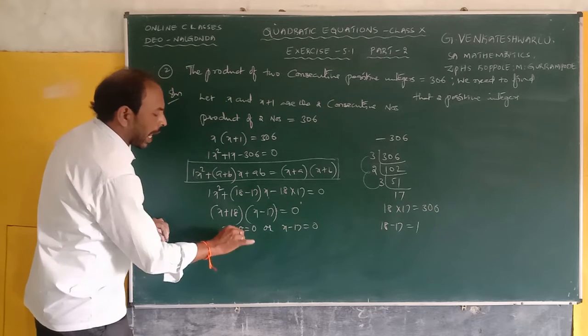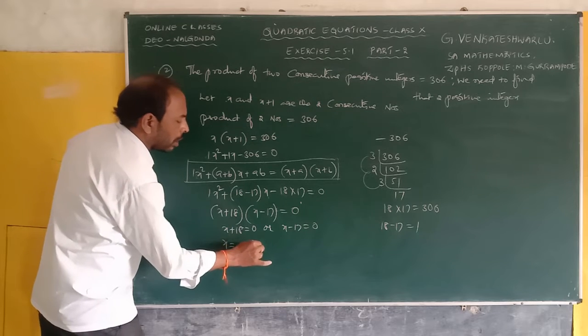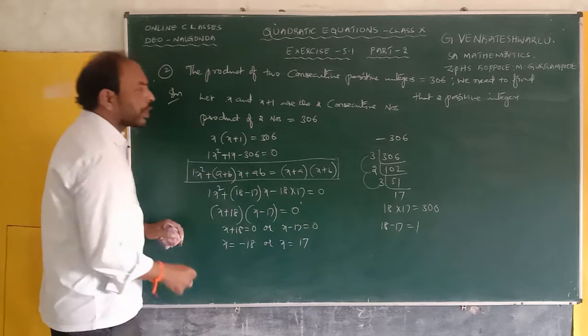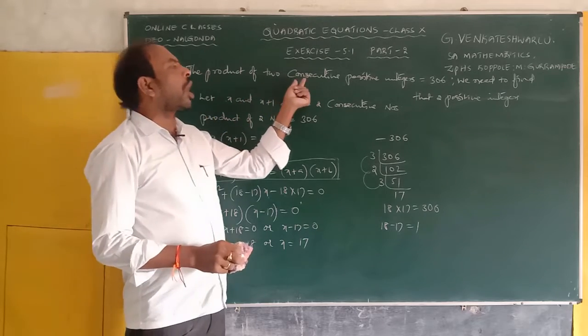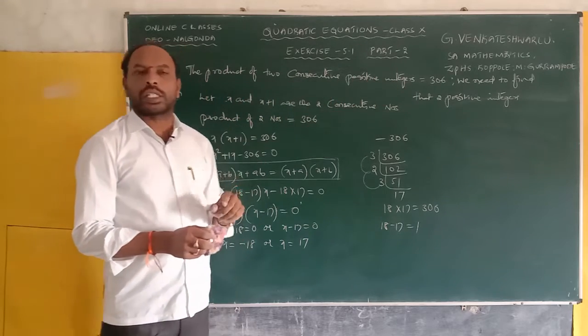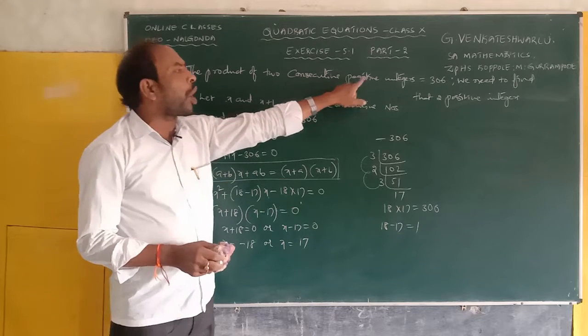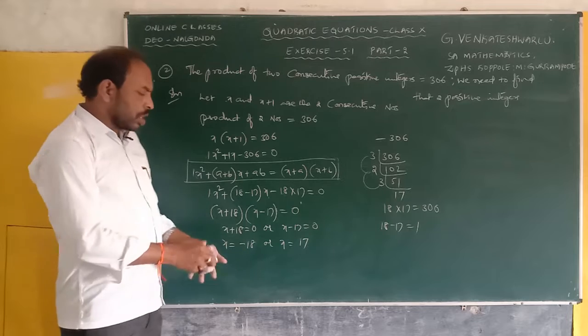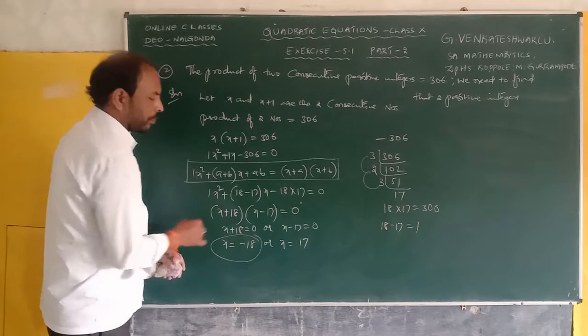So x is equal to minus 18, the transposition of plus 18, or x is equal to plus 17, the transposition of minus 17. Here we are just discussing consecutive positive integers. We need only positive values, so we don't take the negative x value into consideration.